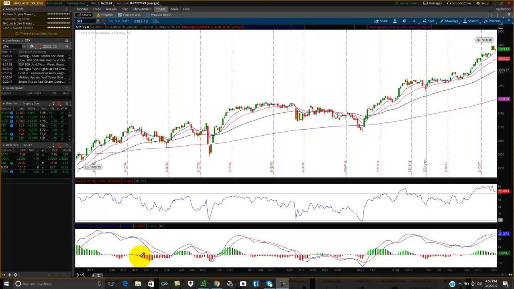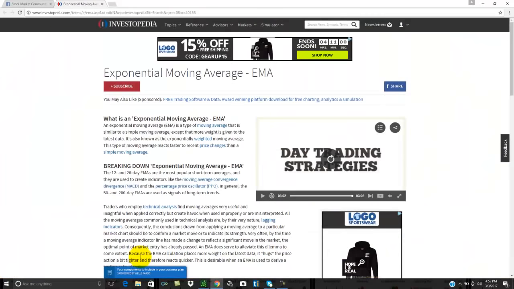If you want to look at more of the technicals or read more of the definitions or see more of the ins and outs of what EMA stands for, go over to investopedia.com. It's a very handy resource where you can really learn the exact definitions and learn more in depth about anything to do with the stock market.